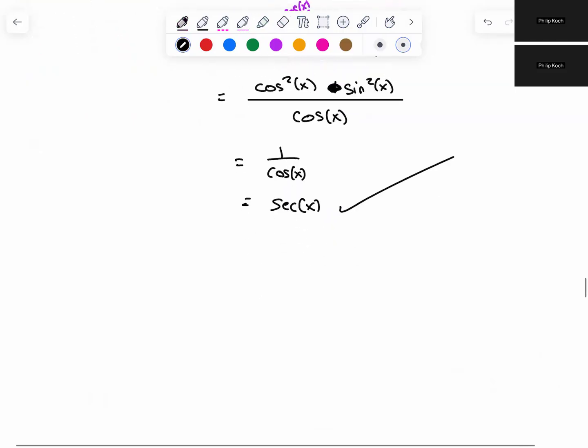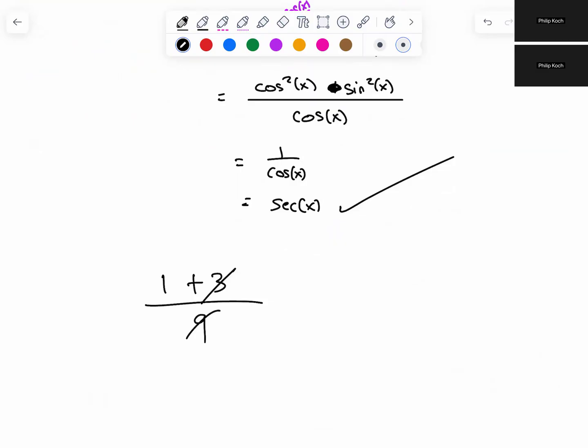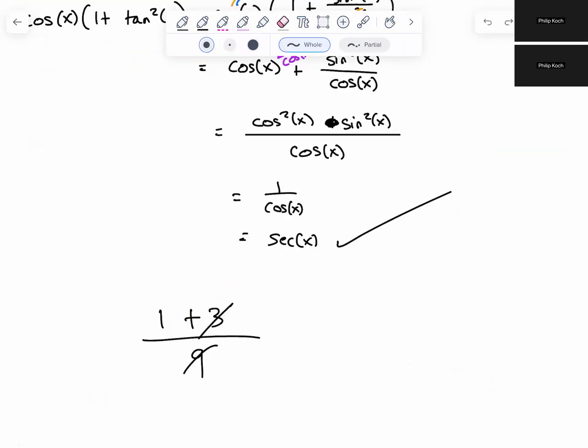But just like if you have 1 plus 3 over 9, we don't get to do that, because 3 is a factor in the denominator, but it's a term in the numerator. And you can't cancel terms with factors. You can only cancel factors with factors, and you can only cancel terms with terms. Is that okay? So, yeah. Don't do that. Don't do that. It breaks my heart.